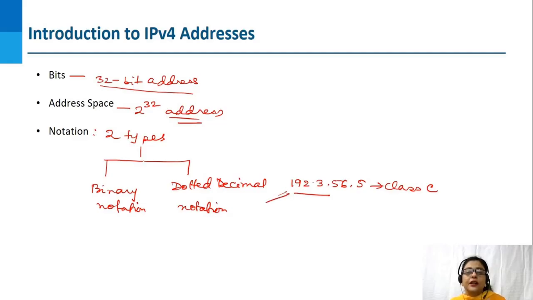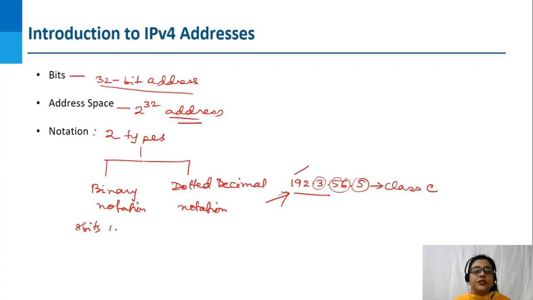Now this is the dotted decimal notation, which means the 32-bit addresses are separated by dotted decimal numbers. So this is 192, the first part separated by a dot, second part followed by third part and the fourth part. Now the same thing, if you convert this number to a binary number, then this is known as the binary notation. Since there are 32 bits, they are divided into 8 bits.